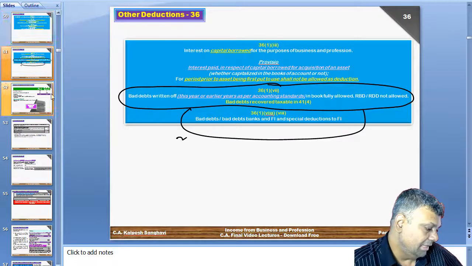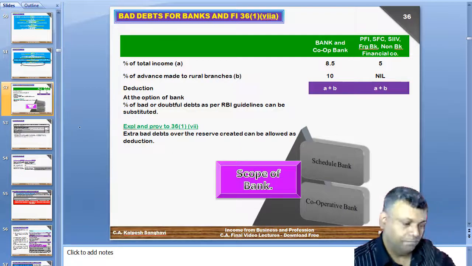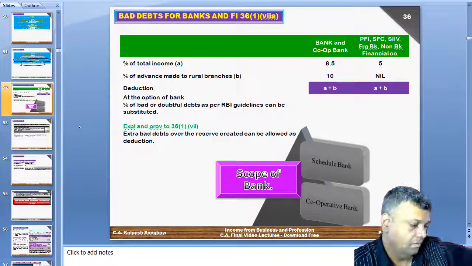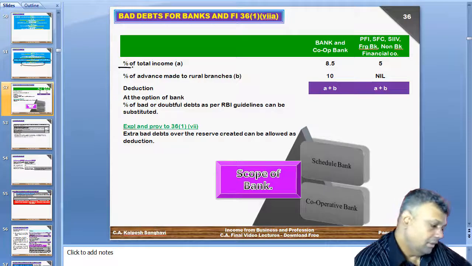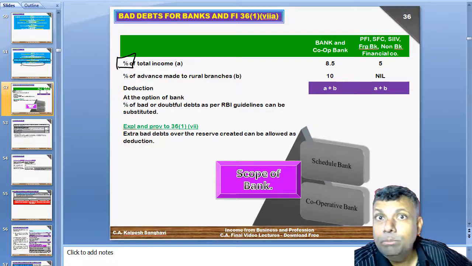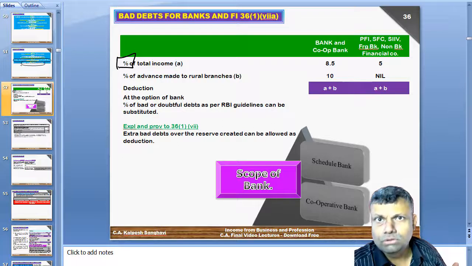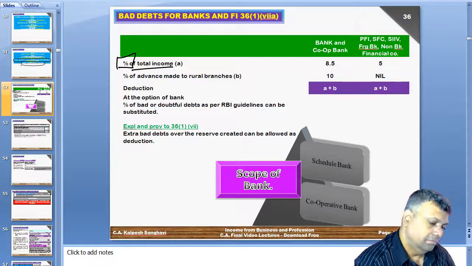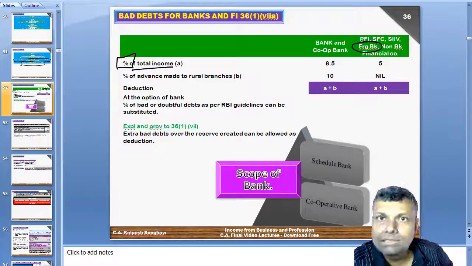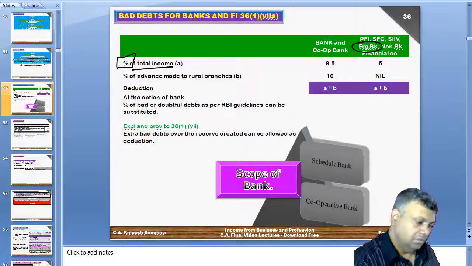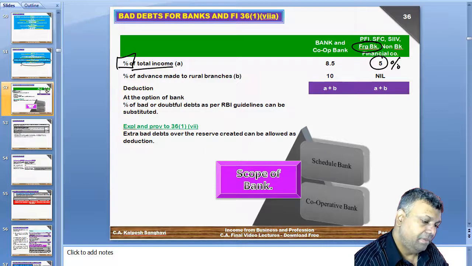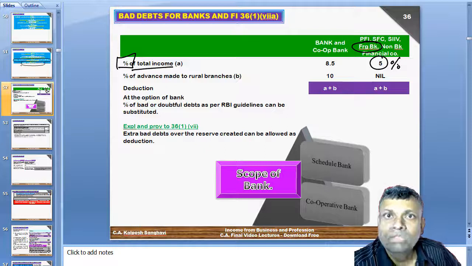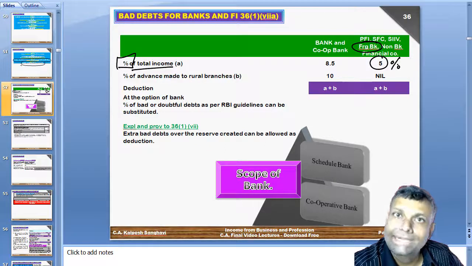And 36(1)(viia) is also on the next page, where certain percentage, the flat percentage of income, that is a total income, with respect to the foreign bank, because my case is a foreign bank. So this is 5% of the total income is a flat deduction recommended by the law itself.